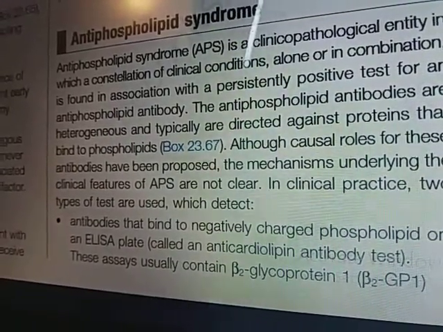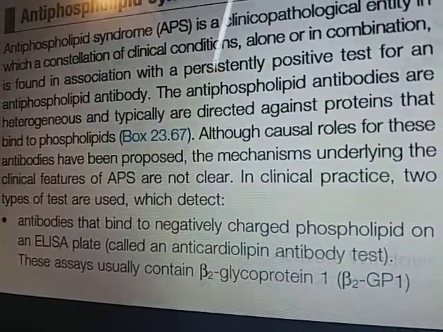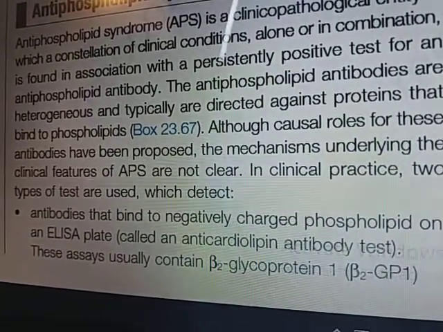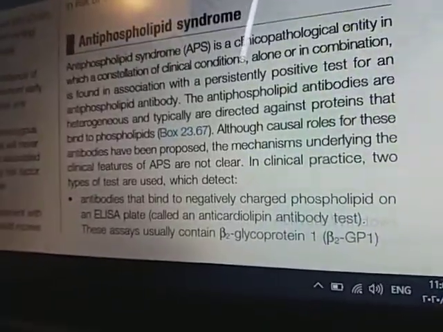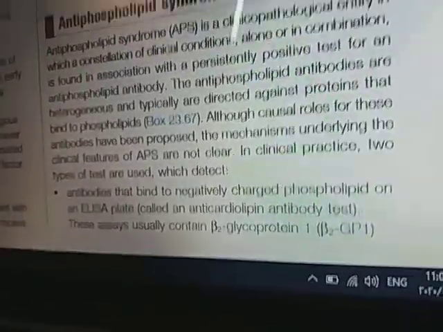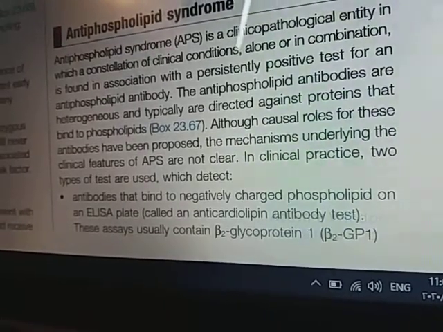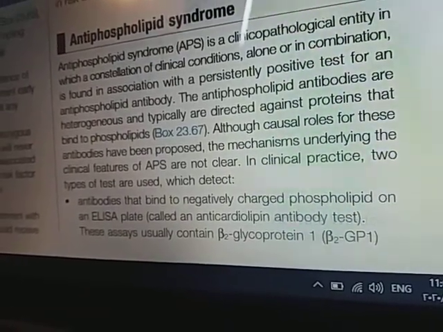Patients with venous thrombosis need long-term anticoagulant therapy. For patients with arterial thrombosis, there should be lifelong warfarin.